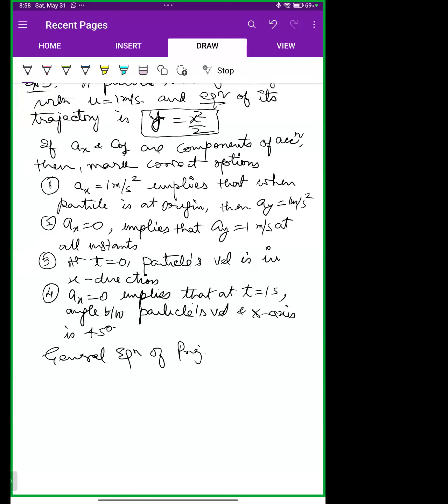What is that? y is equal to x tan theta minus g x square upon 2u square cos square theta. And y is equal to x square upon 2, u equal to 1 is given.